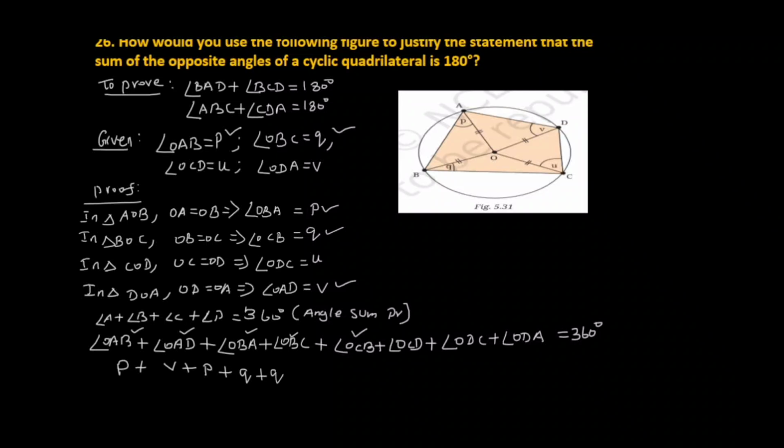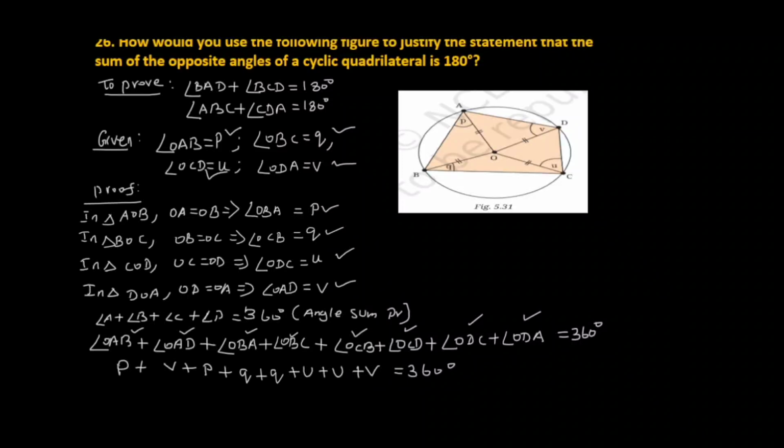OCD is U, replace with U. Then ODC is also U, so we replace with U. Then ODA is V, so for ODA we replace V. That is equal to 360 degrees.